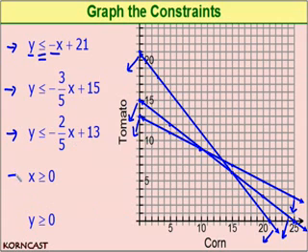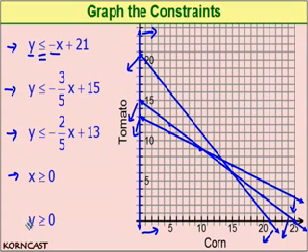Okay, the next two are our special cases. X is greater than or equal to 0, so that tells me it's going to cross the x-axis at 0. And so I know from my special cases that this is going to be my vertical line up and down at x is 0. And since x is greater than 0, all my x values greater than means my shading is now going to go to the right.